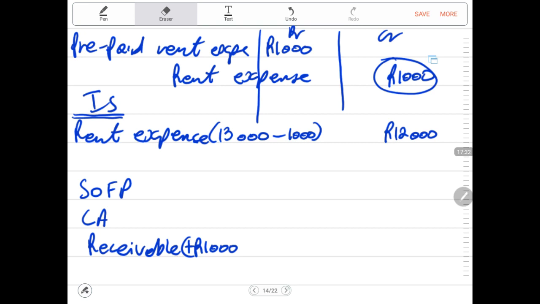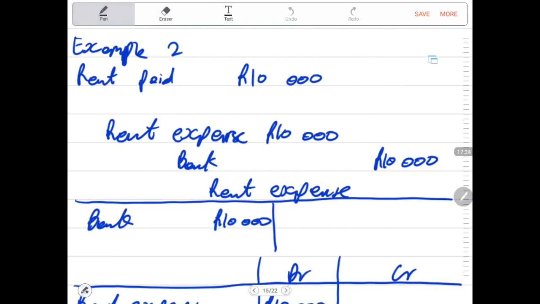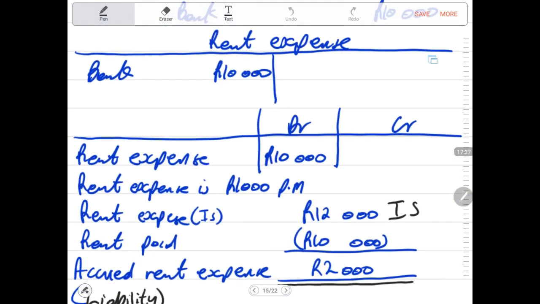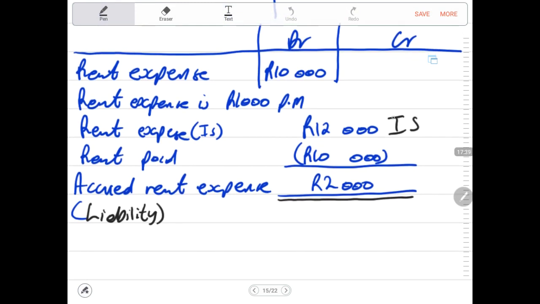So in the income statement we are going to record the amount of 12,000 rands, which is the rent that was supposed to be paid. Then the difference will be treated as an accrual amount.